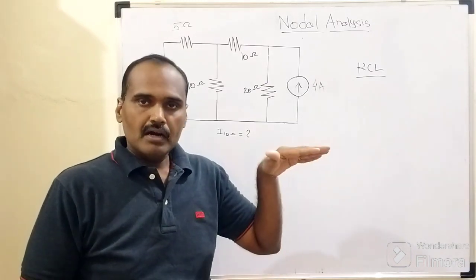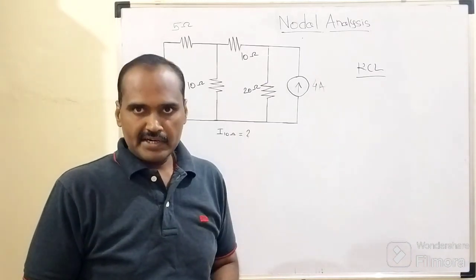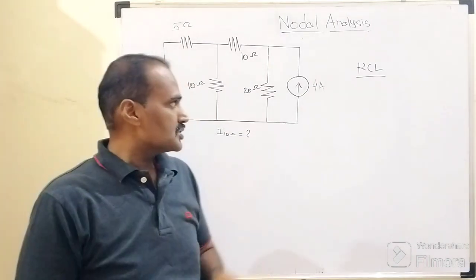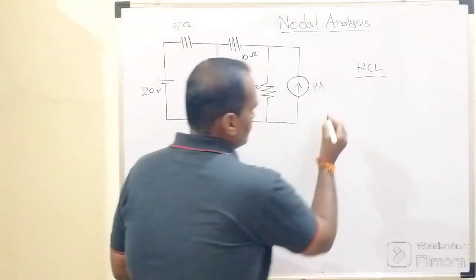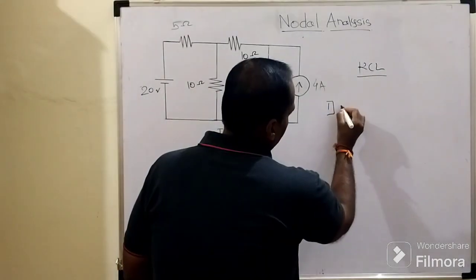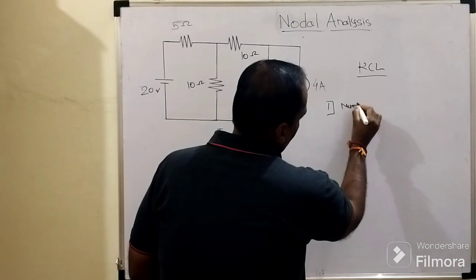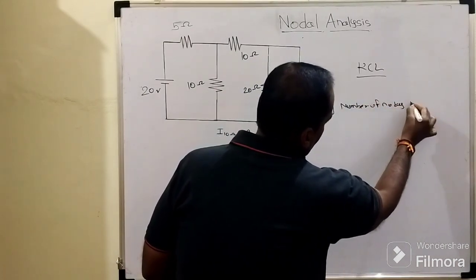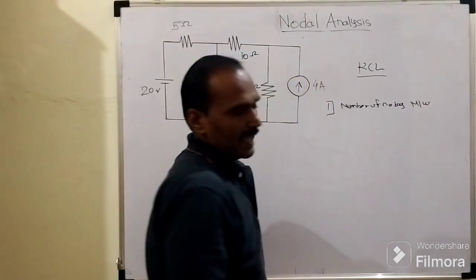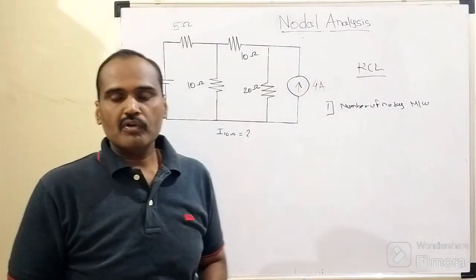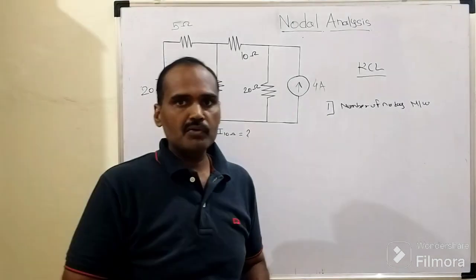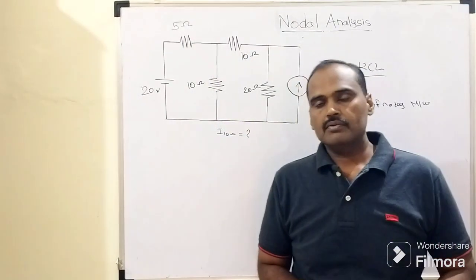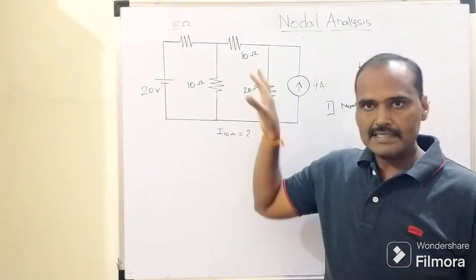So the first important step in nodal analysis is to determine the number of nodes present in that existing network. From observation, first of all we need to observe how many nodes we have in that existing network.